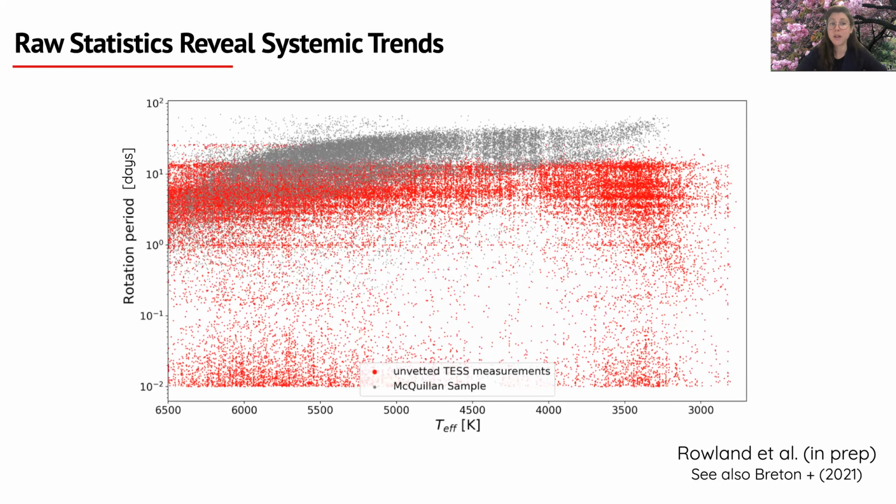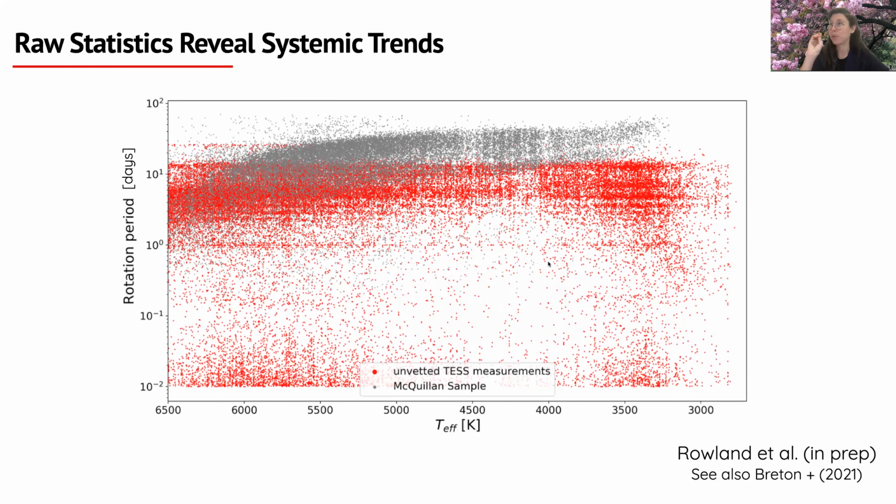So this figure shows, again, rotation period versus effective temperature for stars with Kepler rotation periods in gray. So that's the underlying distribution of rotation periods from Kepler. And then in red, that is the raw statistics that come out of a Lomb-Scargle periodogram.